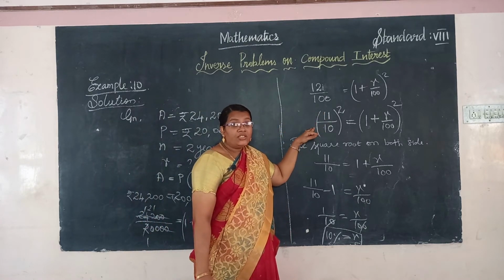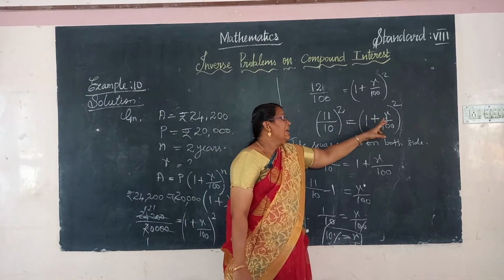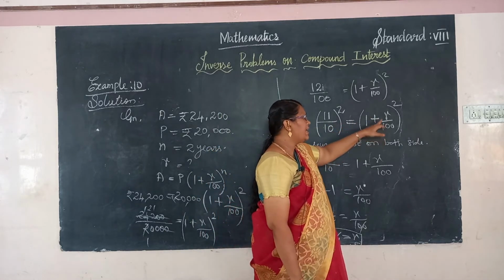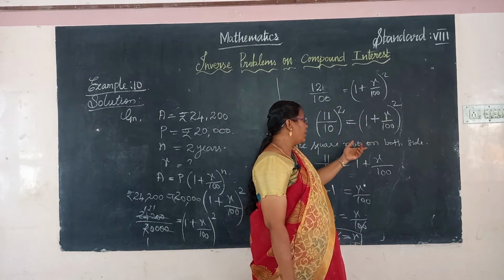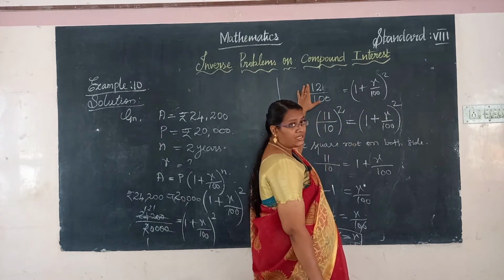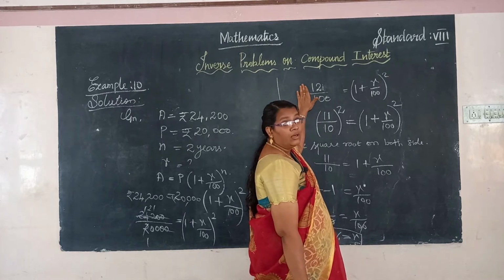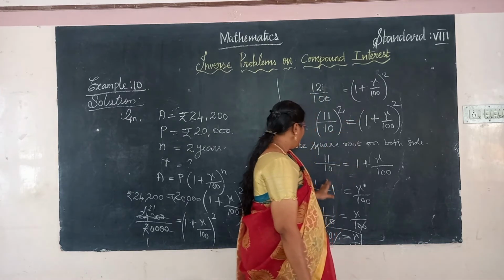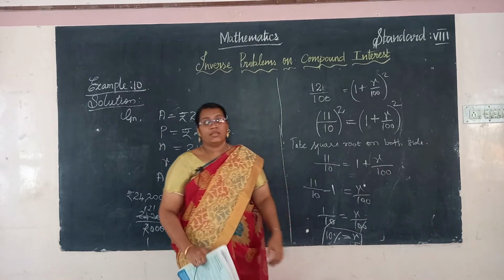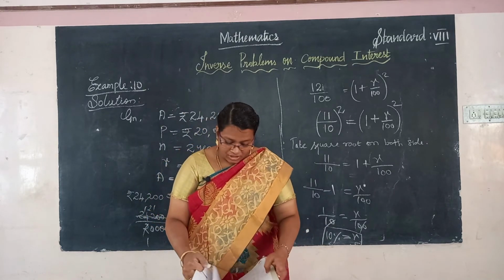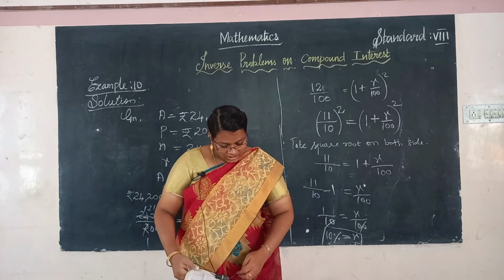Why do we write in square? Because the right hand side has the power. To take both sides we have to take the square root. So we write this data in square. After cancellation we get the value of the rate of interest. It's 10%.